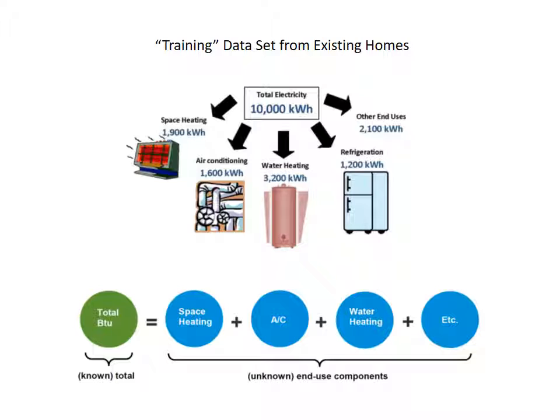And we might have very detailed information about that for a fairly large data set of existing homes, but a data set that is pretty small relative to the total number of households in the United States. So it's a small sample, but a fairly substantial database.